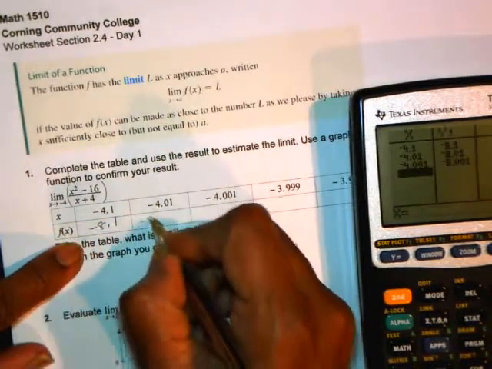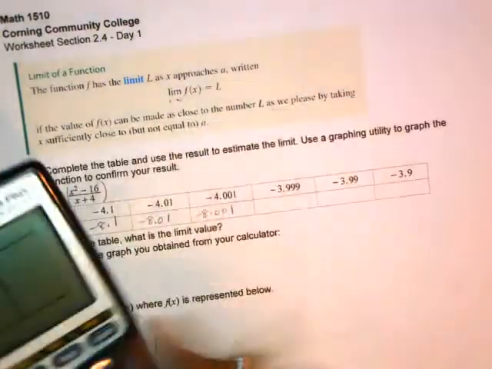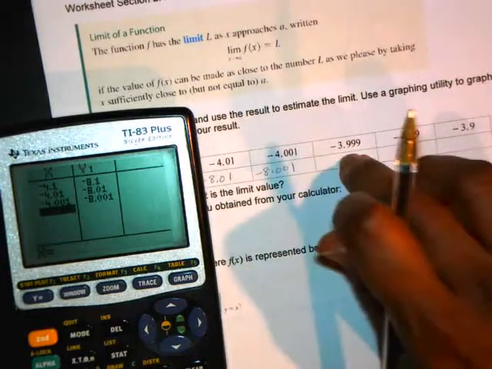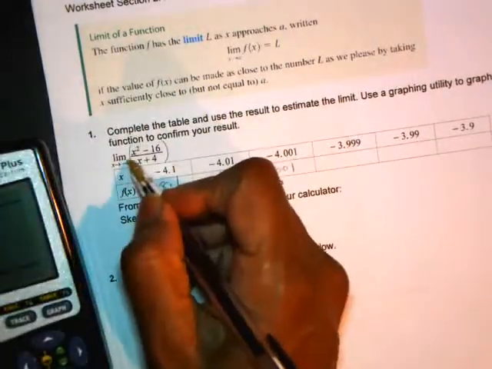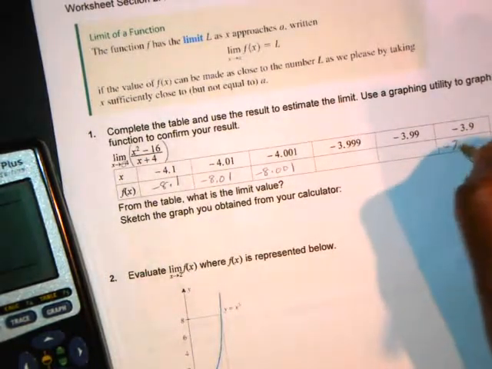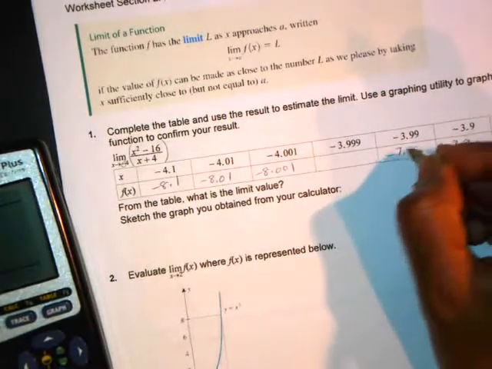-8.1, getting closer to -8 it appears, but it needs to do that from the other direction also. So we'll start from afar and get closer and closer. We're trying to get close to -4. That's a -4 there. Okay, so -3.9, it's -7.9, and I bet the next one is -7.99, and it is.